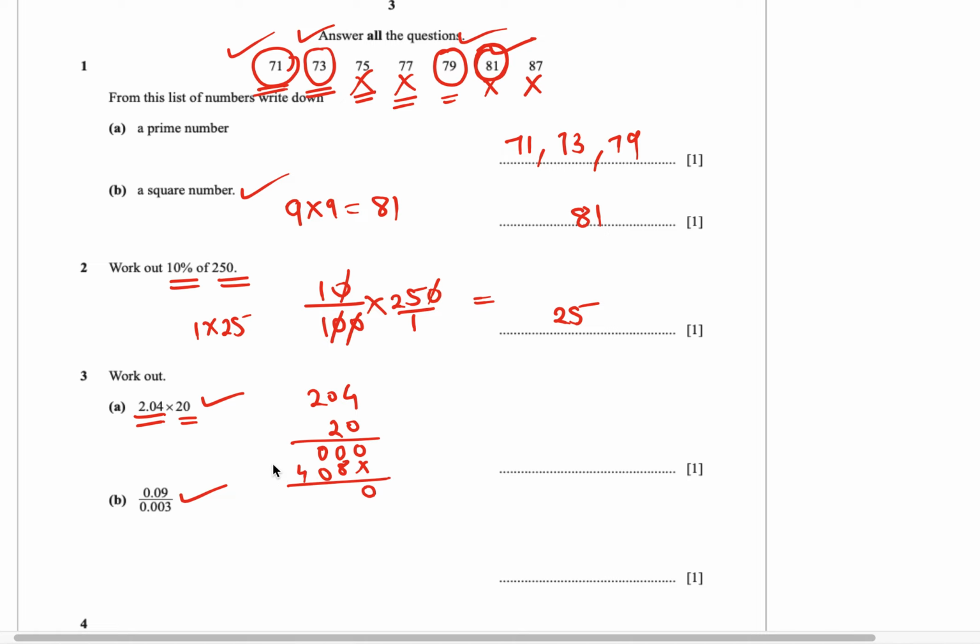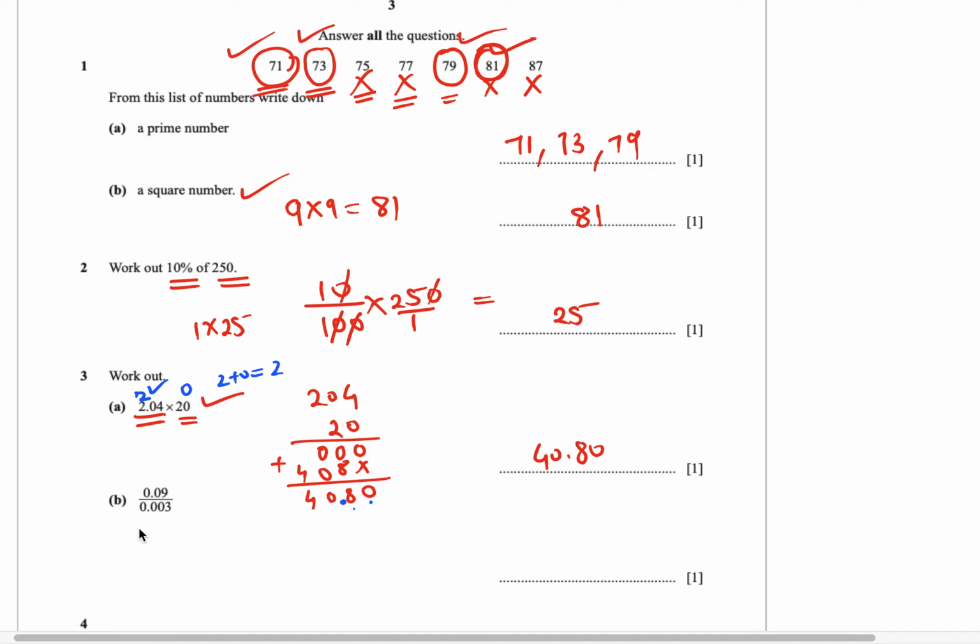So after adding, it comes to 0804. Now you count how many digits in total after the decimal. Here 2 digits after decimal and here 0 digits. So 2 plus 0 is 2. So in our answer there should only be 2 digits after the decimal. So this is the first, this is the second, so the decimal should be here. So the final answer will become 40.80, right?